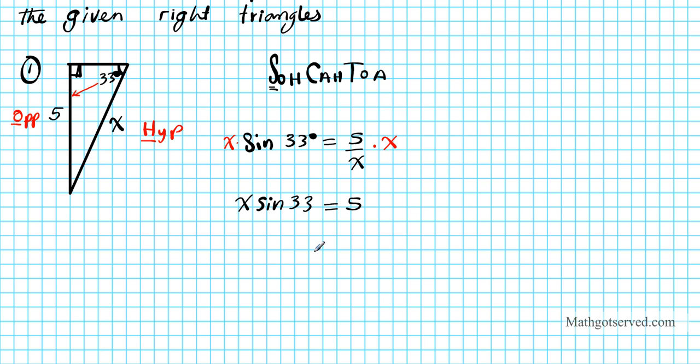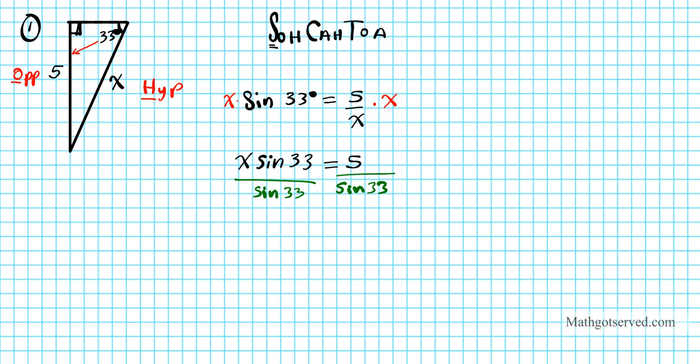Now what we're going to do next is get x by itself by dividing both sides by sine 33. So we'll divide this side by sine 33 and this side by sine 33. All right, and that gives us x equals 5 over sine 33. Okay, so this is the exact answer.